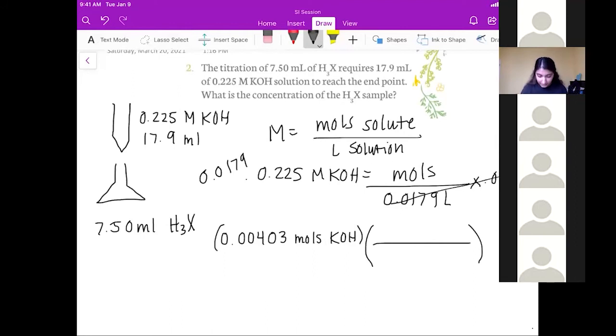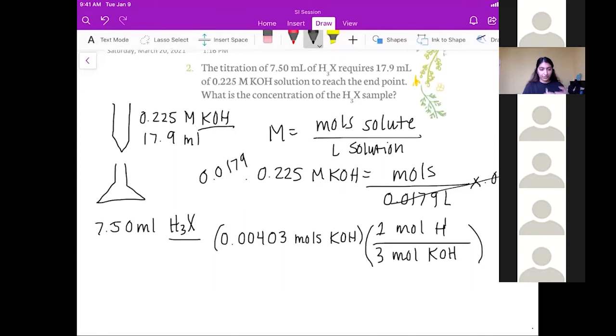The KOH, yeah, definitely the KOH would go on the bottom. So I'm seeing 3 moles KOH. And on the top, okay, I'm seeing some people put 3 and some people put 1. For this one, you would put 3 moles on the bottom and 1 mole of H3X on top, because KOH itself only has 1 hydrogen, and H3X has 3 hydrogens.